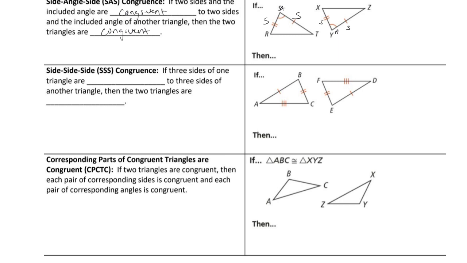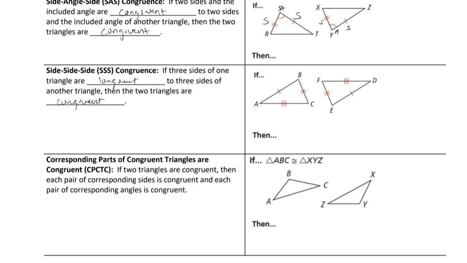Now, side, side, side. If three sides of one triangle are congruent to three sides of another triangle, then the two triangles are congruent, not two angles. If you have three dashes, 1, 2, 3, 1, 2, 3 on two triangles, that means every side is the same length as its corresponding side.